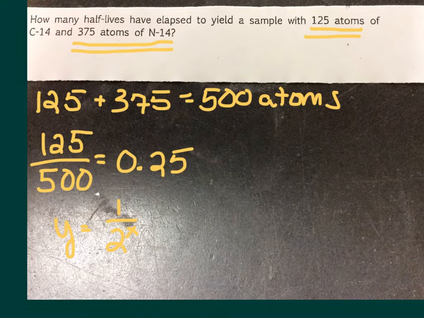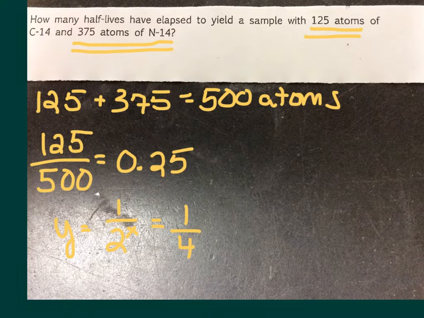But what I do know that you're capable of, convert 0.25 into a fraction. Fractions are our friends here. Make it a fraction. What would that be? 1/4. So I know that this is equal to 1/4.